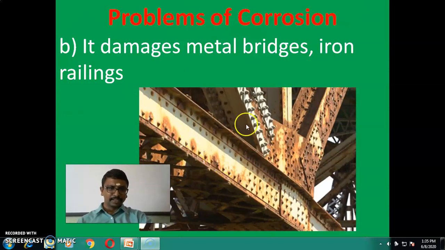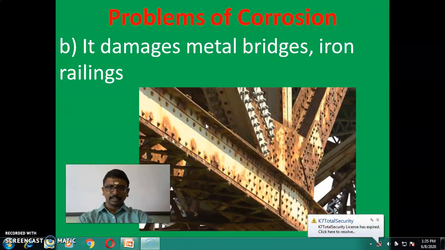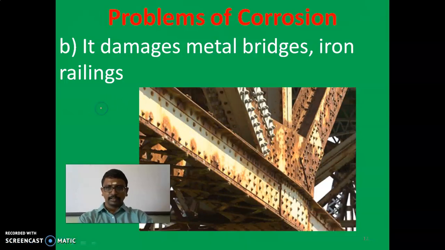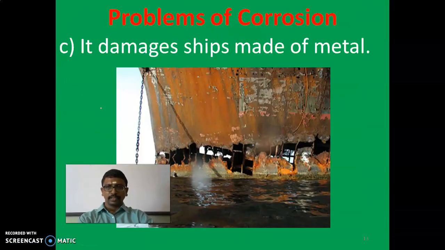It also damages ships made of metal, because the ship is made of metal. Here it is exposed to air and water and some substances, and from that it will get corroded.